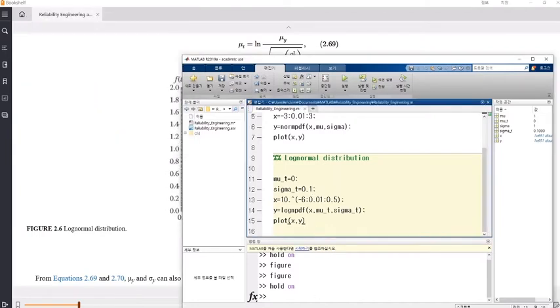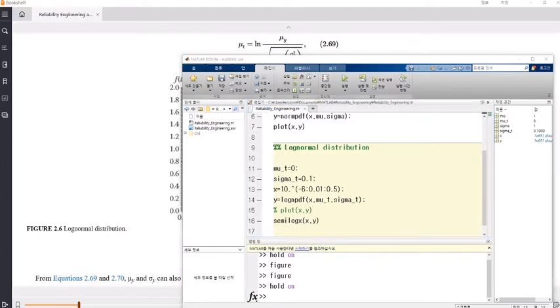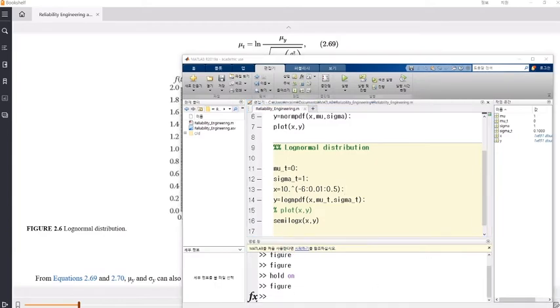So here, let me show you why this graph is called a log normal distribution. So instead of plotting this as x to y, we may apply the log scale to x, and let me change this to 1. So figure.